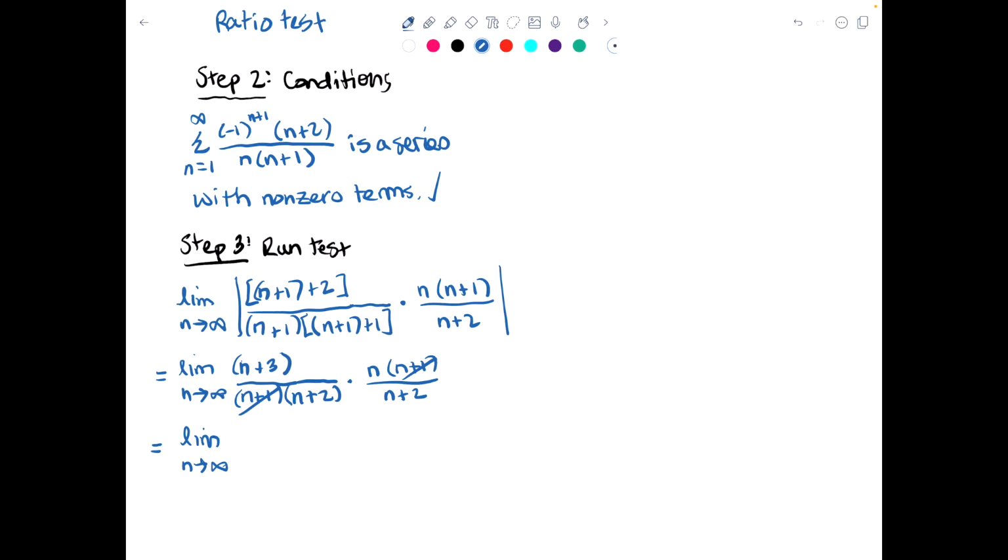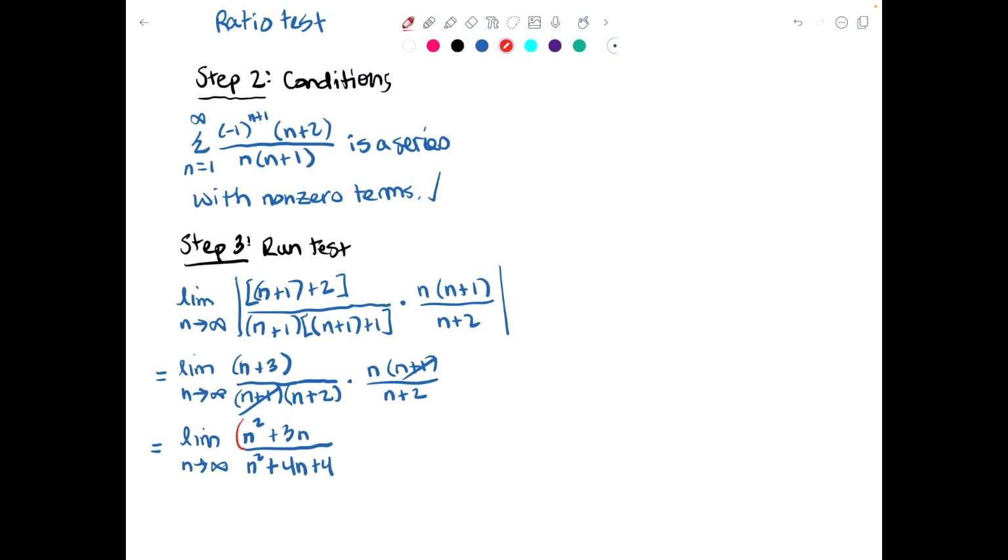If we expand out, we'll have n squared plus 3n over n plus 2, the quantity squared, which will be n squared plus 4n plus 4.